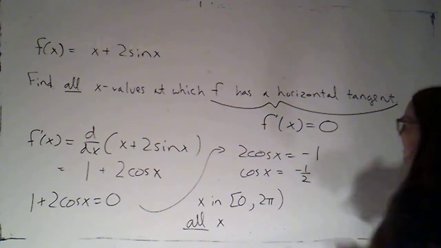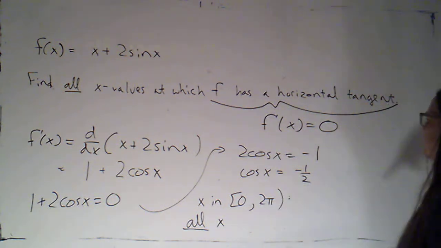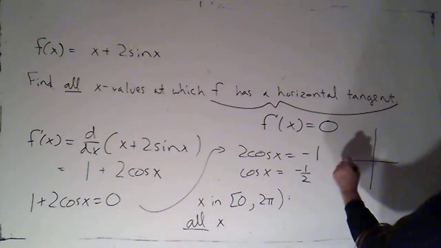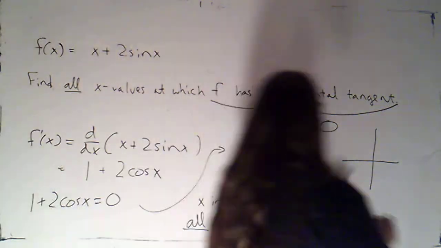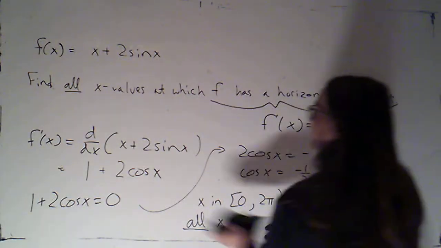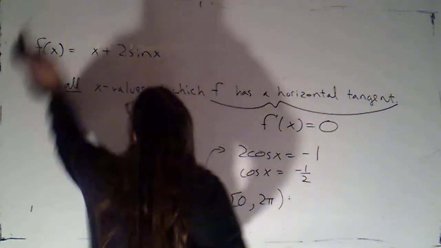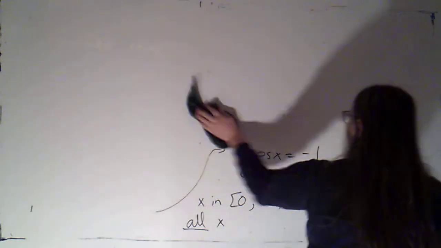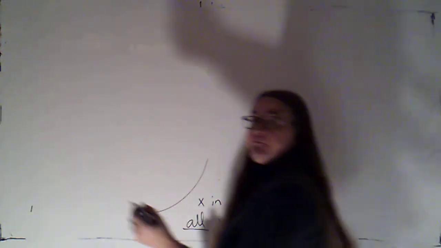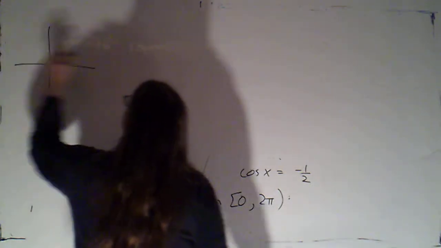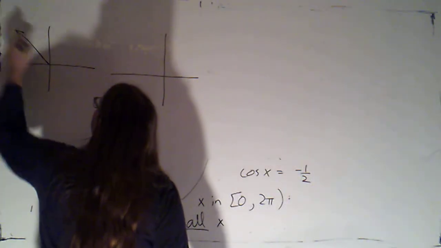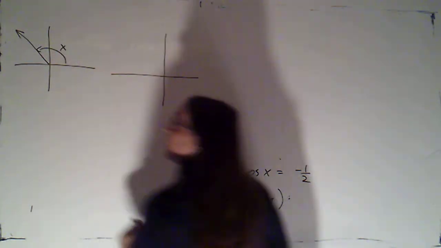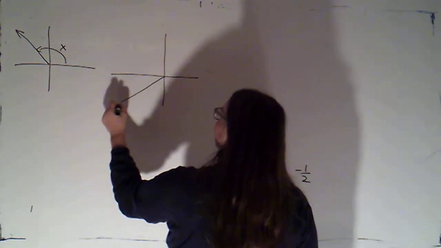Okay, so for the solutions between 0 and 2 pi, I want to just think in terms of quadrants. Actually, I'm going to clear some space, I think. I'm looking for places where cosine is -1/2. So I'm going to have solutions in the 2 quadrants where cosine is negative. I'm going to have one solution in quadrant 2, since cosine is negative there.